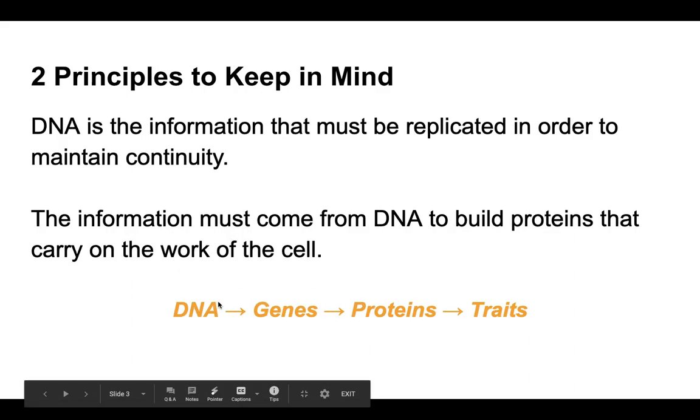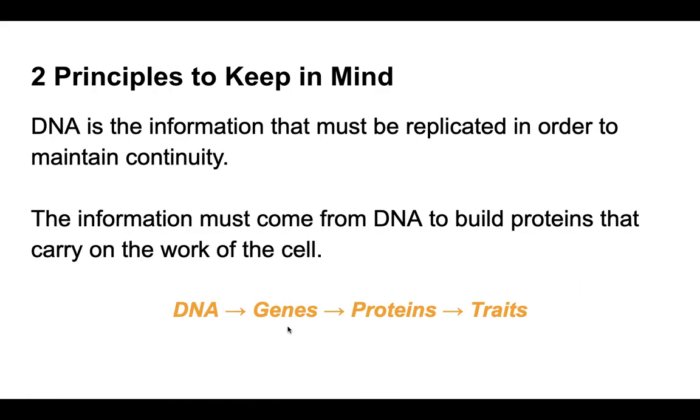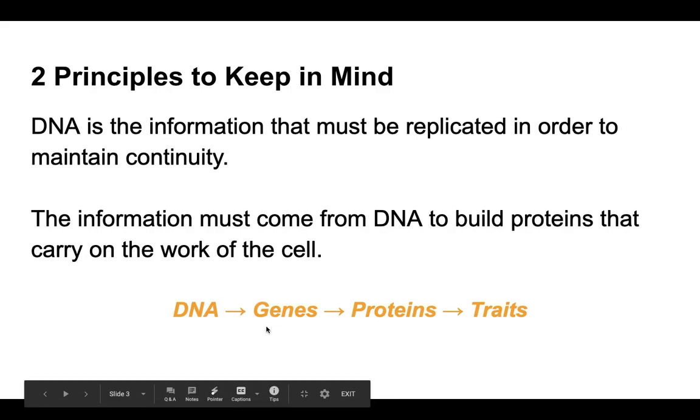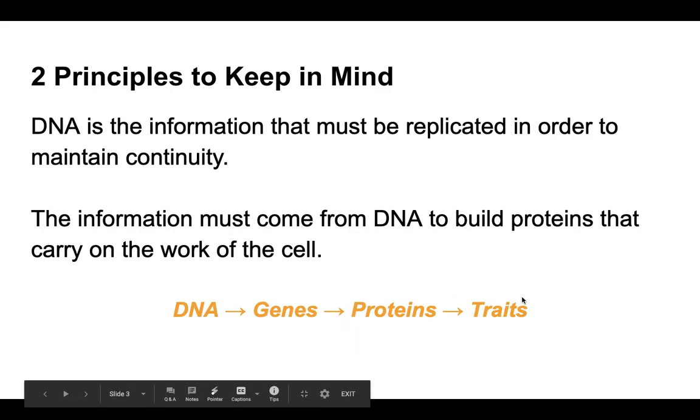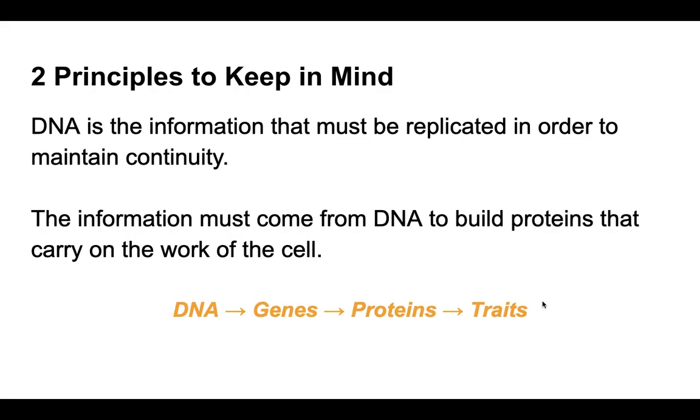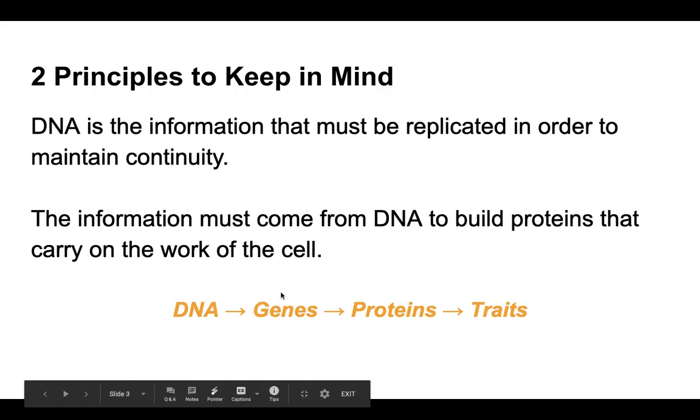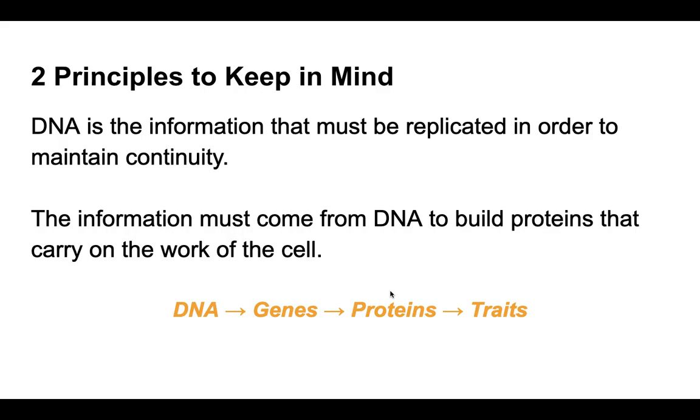DNA is like the whole recipe book, and the letters that are present in this recipe book are the genes. Now, the genes, these instructions, are going to be used to build a protein which will determine a trait. And remember, every trait is determined by one protein. So DNA contains genes, which are the instructions for making proteins, and finally, proteins determine the physical phenotypes or traits that we see.